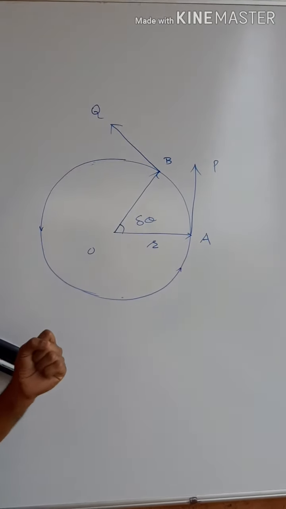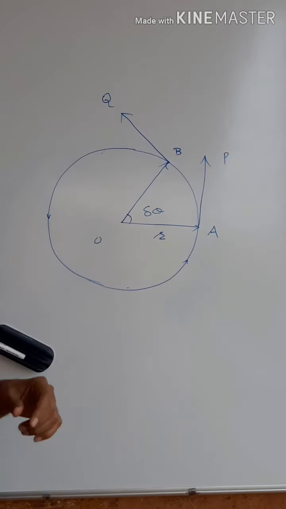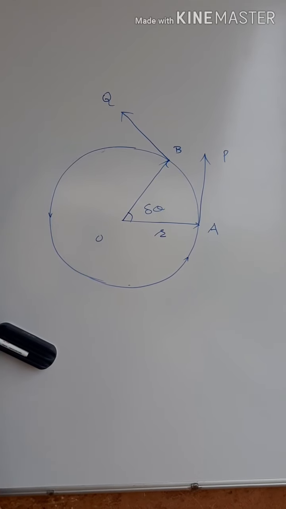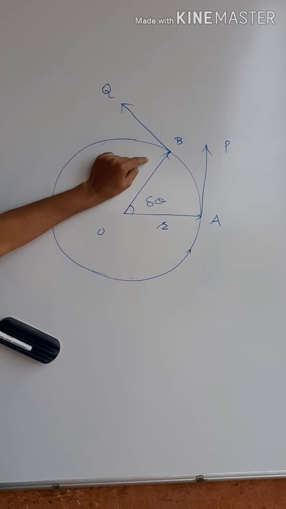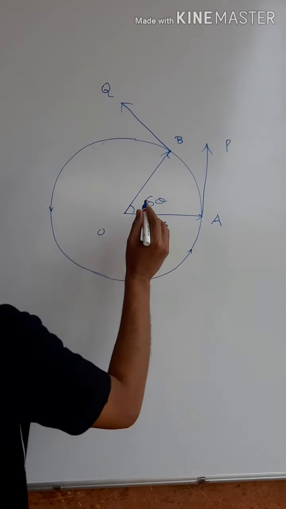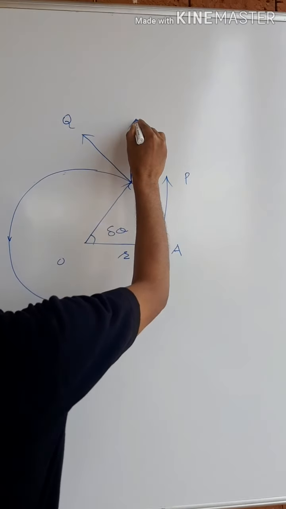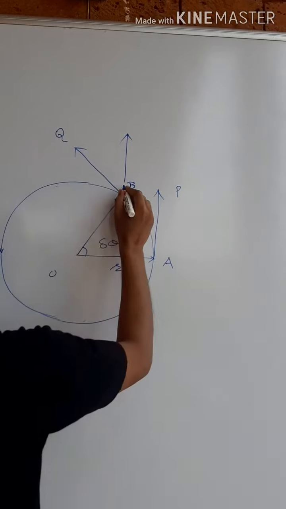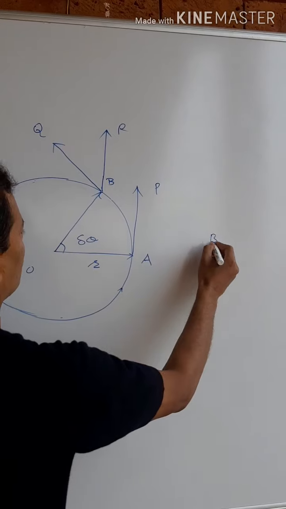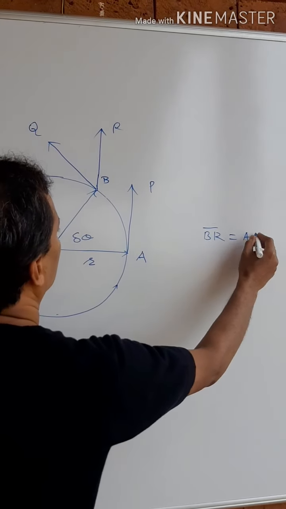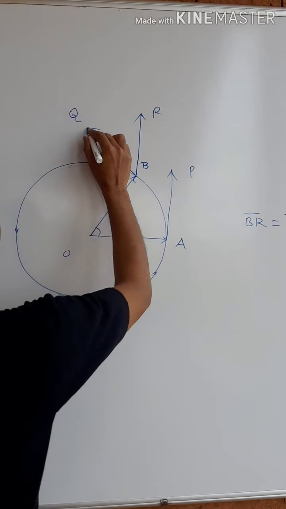And between these two points, the resultant change in the velocity, that is delta V, is what we are going to determine. And therefore, we draw a perpendicular BR bar. We draw an arrow BR bar equal and parallel to AP bar to determine the direction of the resultant velocity.